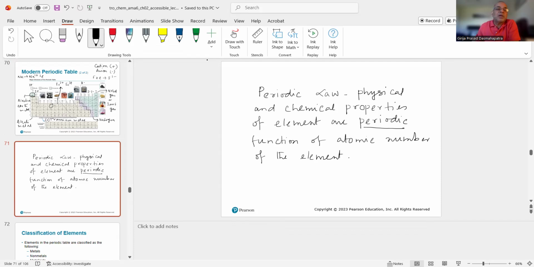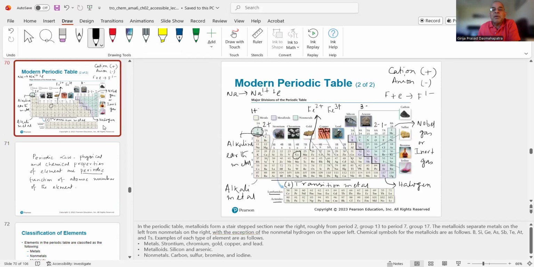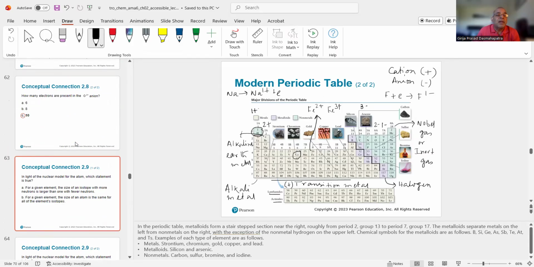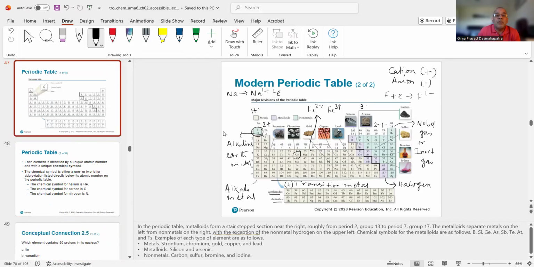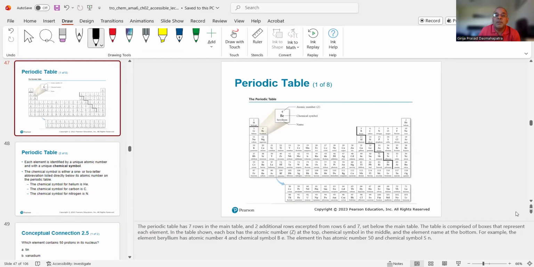In case of the periodic table, if you look at it, the properties of the elements reappear after an increase of the atomic number by 18. Let me explain it in terms of a cleaner periodic table. If you look at this one, this is also a periodic table. For example, sodium is a metal.